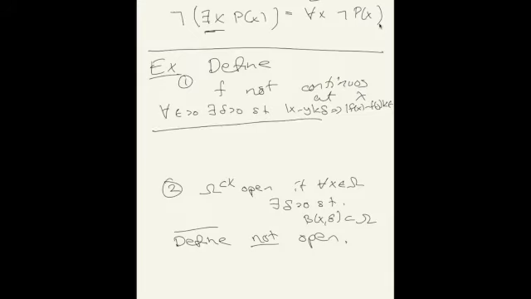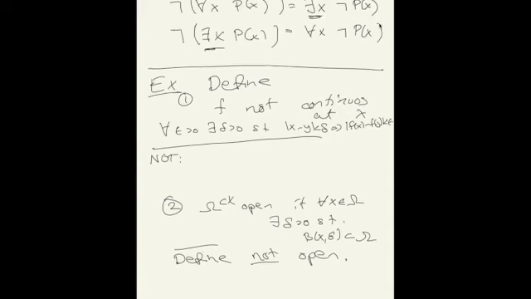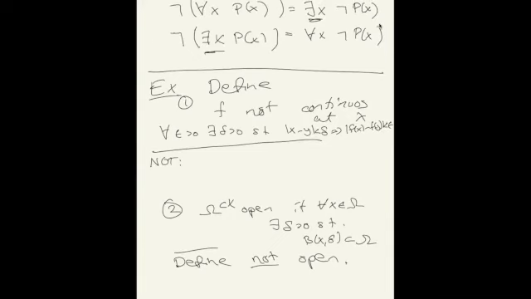Well, not that means that the for-all quantifier becomes an existence quantifier. There exists an epsilon such that for every delta, and now we have to negate this implication, and one has to be careful with that.